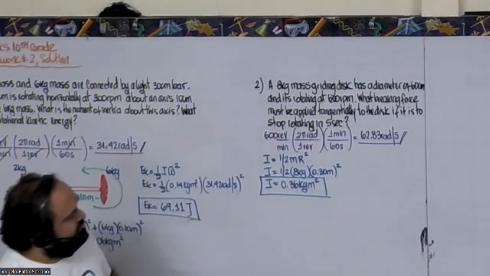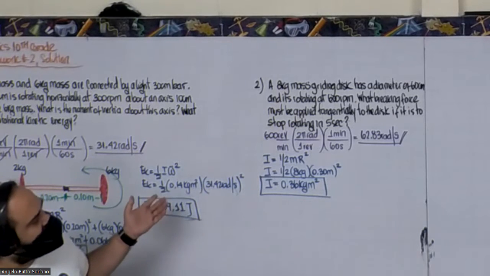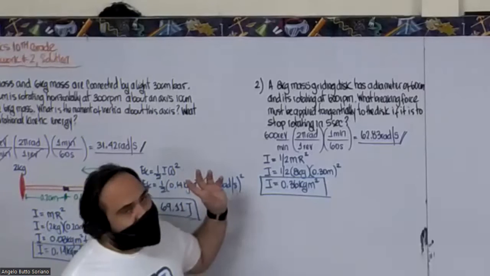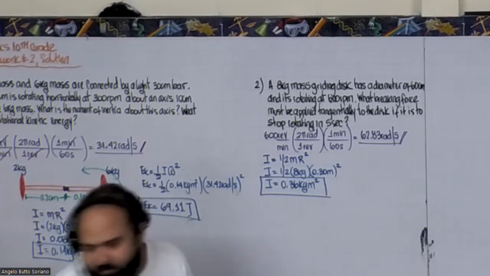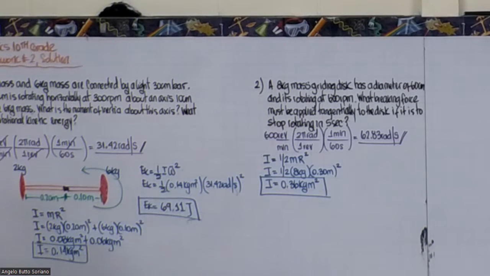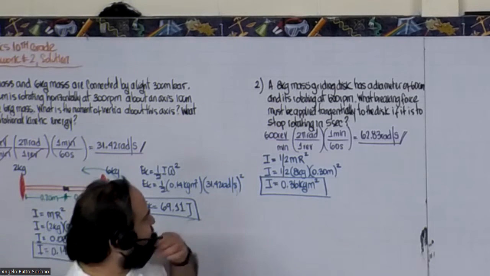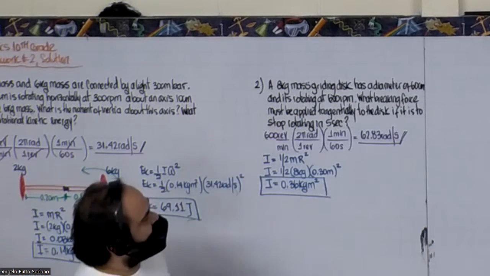Remember, because this is going to be a braking force, there's supposed to be a torque, so we must calculate the torque. There are two ways to calculate it: force times radius, or I times alpha. We know the value of I, but not alpha. We know the initial velocity, the final velocity, and the time.